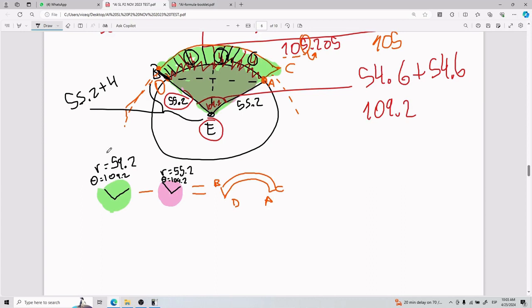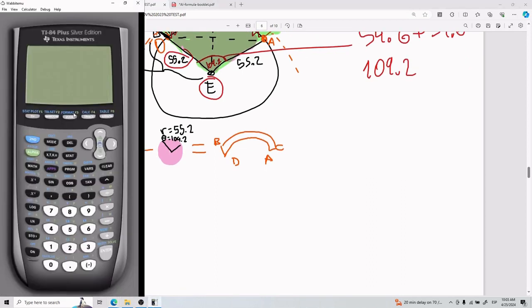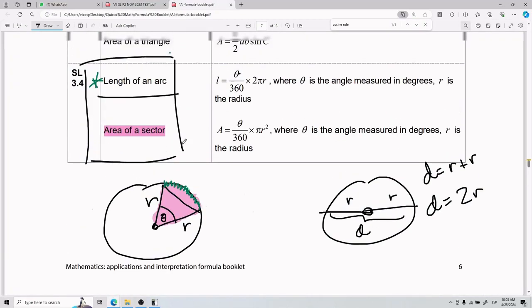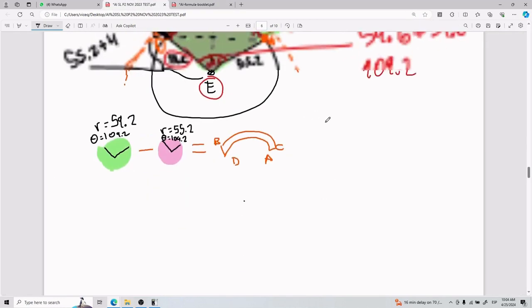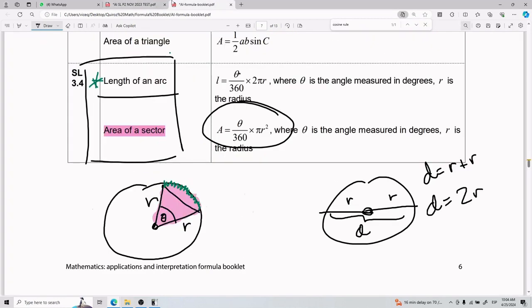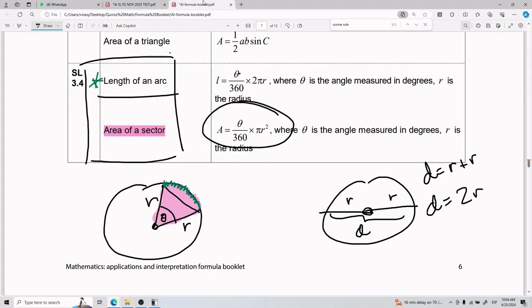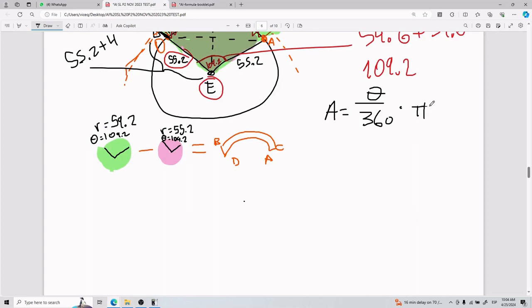So, point is, from here, the area of the green one, right? Remembering our equation, for area of sector, you have this. Area of sector is theta divided by 360 times pi r squared.